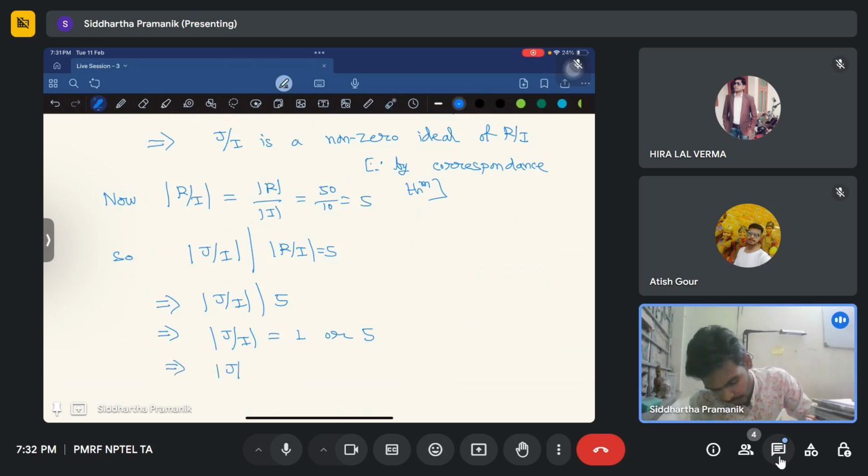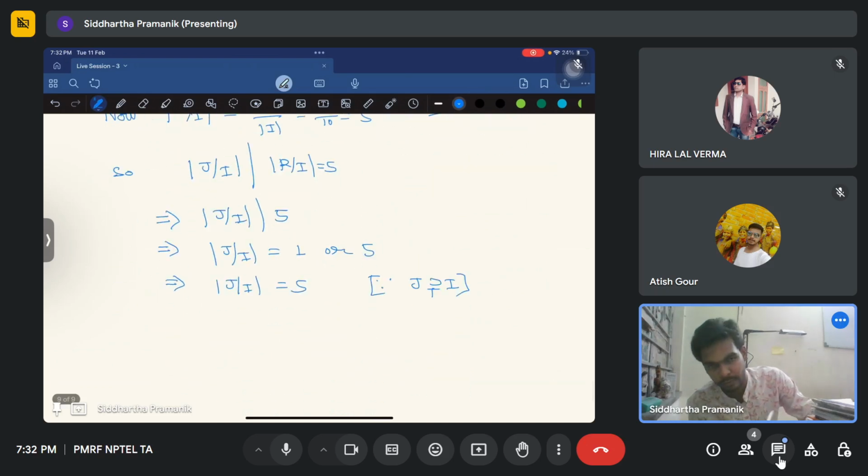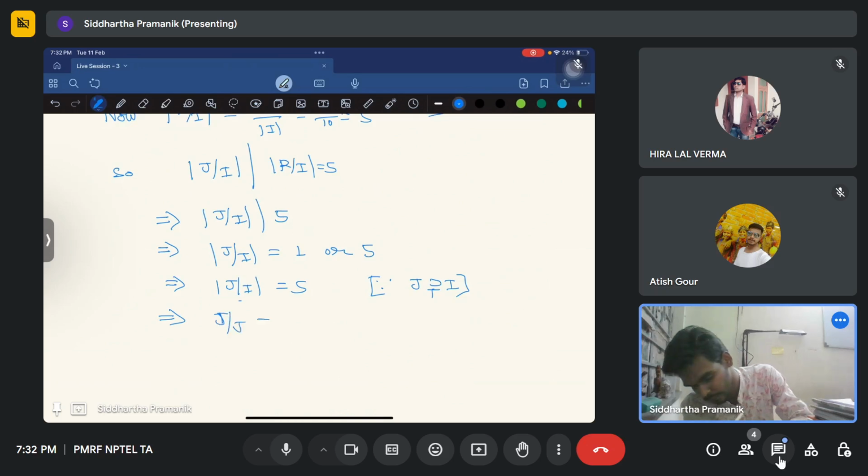So the cardinality of J mod I is 5, because J properly contains I. But the cardinality of R mod I is also 5, and J mod I is a subset of R mod I. So J mod I equals R mod I, because J mod I is a subset of R mod I and the cardinalities of both sets are the same.